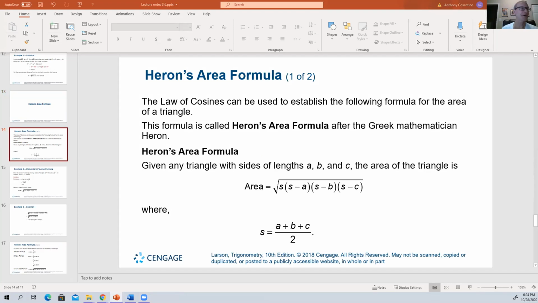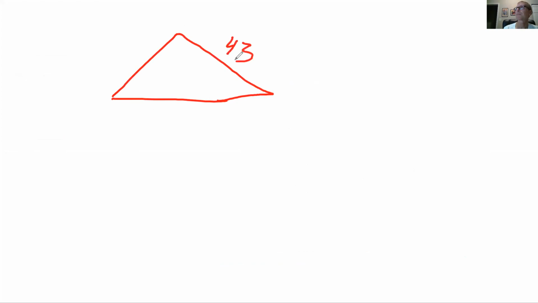And so, for example, if we had a triangle that looked like this. So let's say this is 43, this is 53, and this is 72. And let's call them meters again. So we need to assign that.